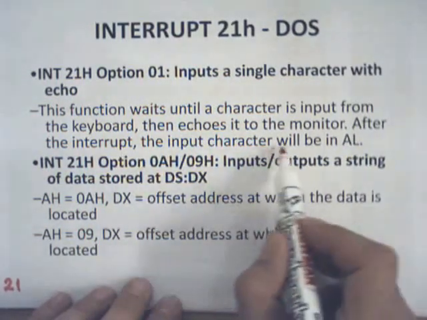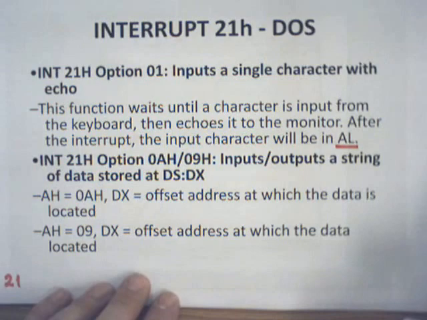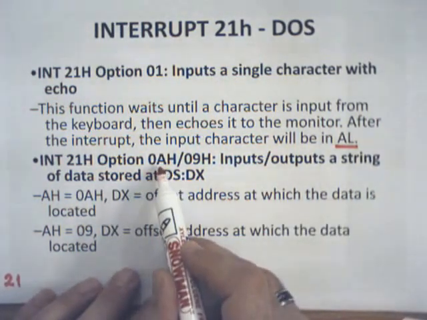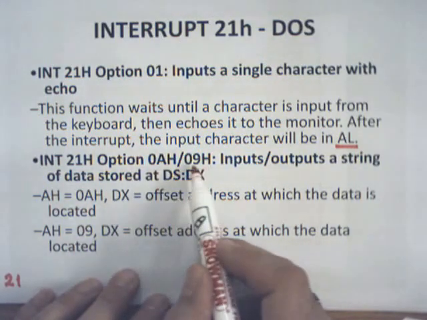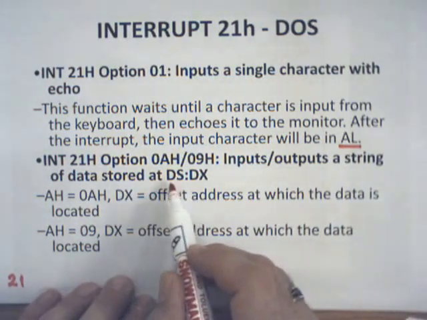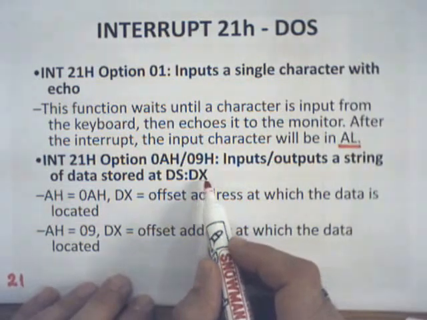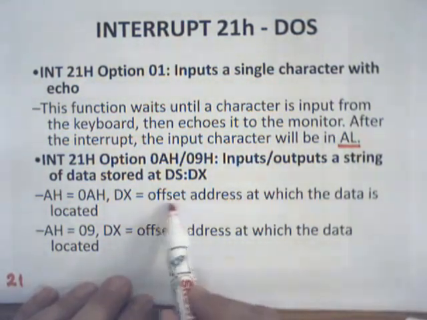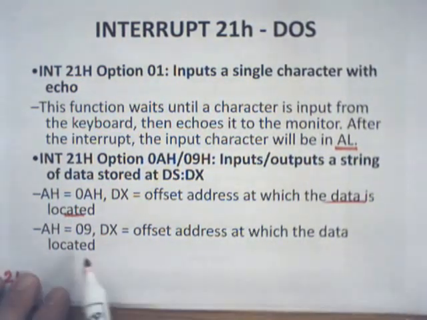After the interrupt, the input character will be in AL, the low register of A. In another interrupt 21 option 0A or 09 hex, a string of data stored at DS:DX, the data segment and offset register DX, is input or output. This is the offset address where the data is located.